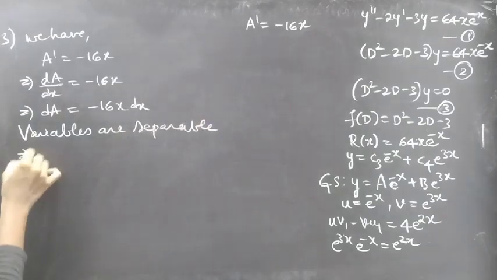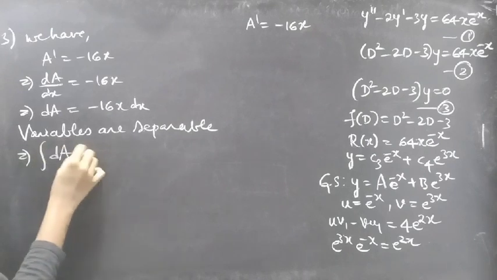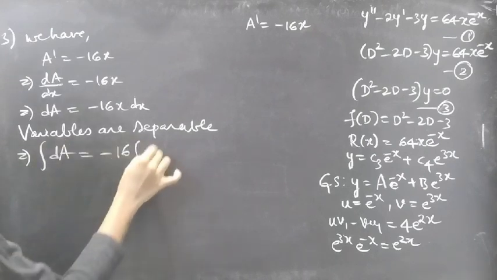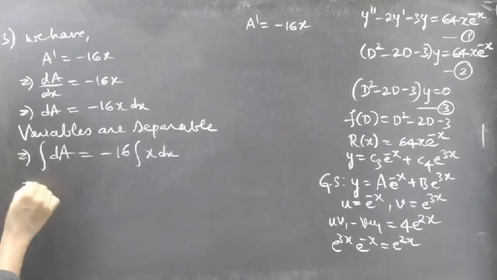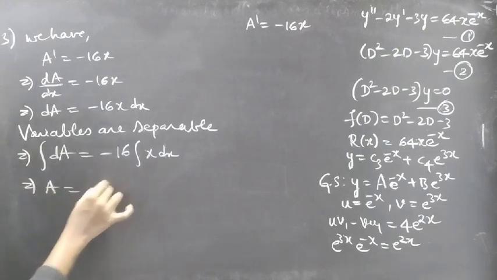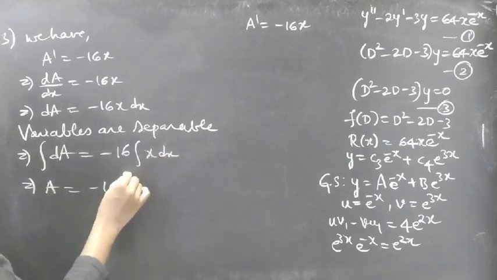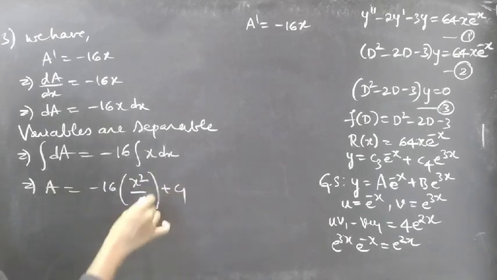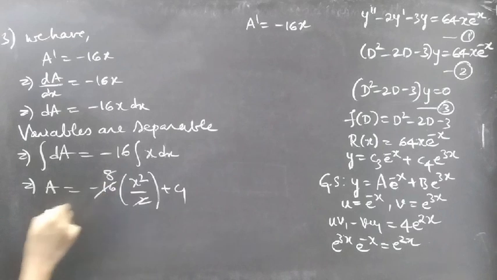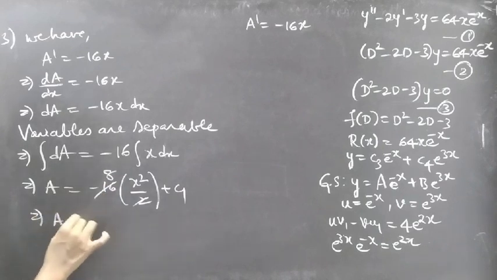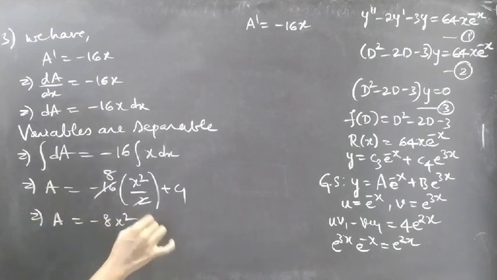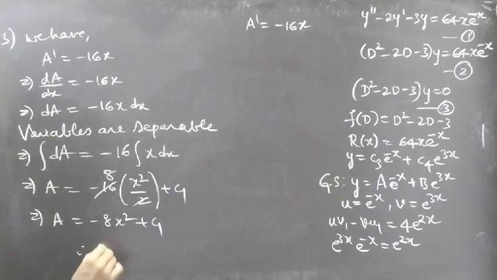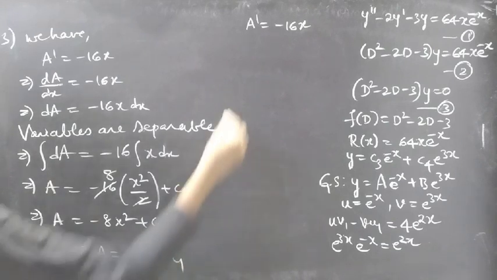We can perform integration. Integral dA equals minus 16 integral x dx. This gives us a equal to minus 16 into integral x dx, which is x square by 2, plus some integral constant c1. This gives us a equal to minus 8x square plus c1. Therefore, a equals minus 8x square plus c1.